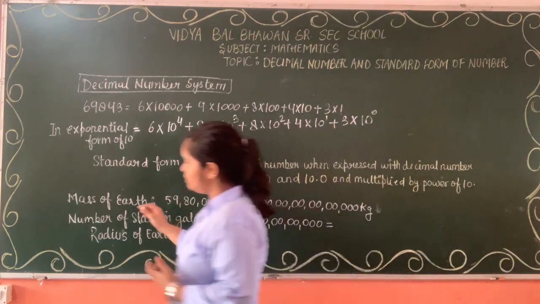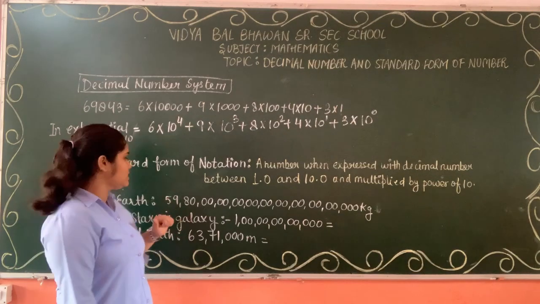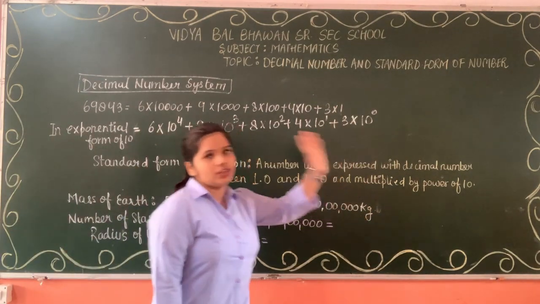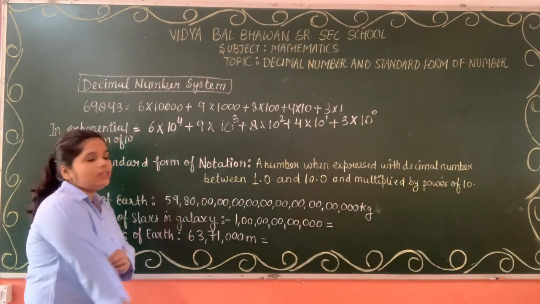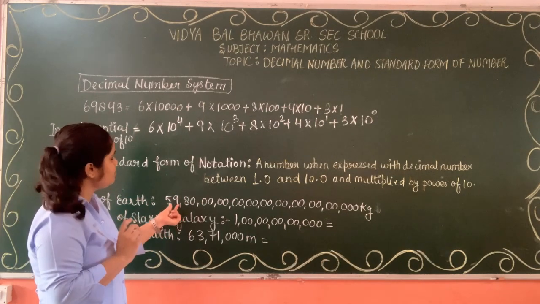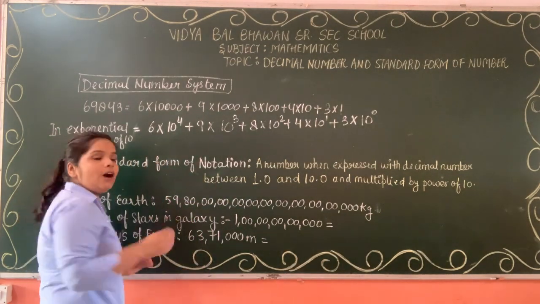Suppose, let's understand this with an example. We are having mass of Earth, larger number. So what we need to do, it's a very big number. We need to represent this number in between 1 and 10 only. So how we can do that?